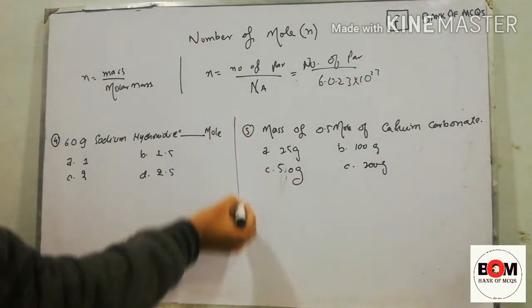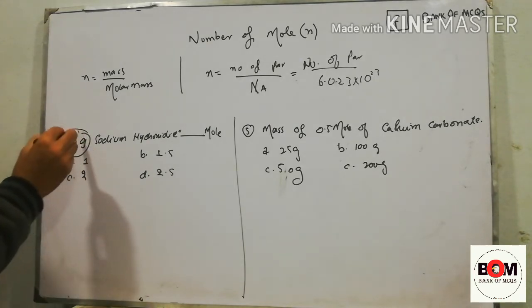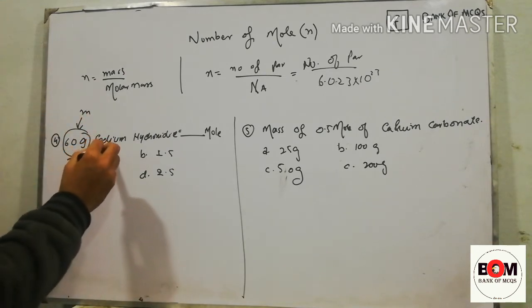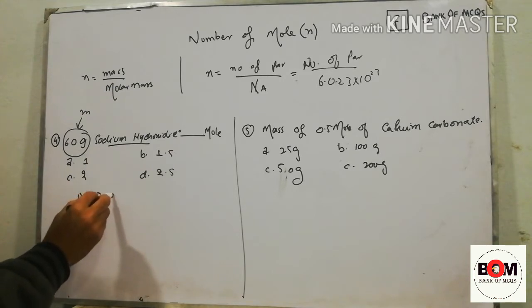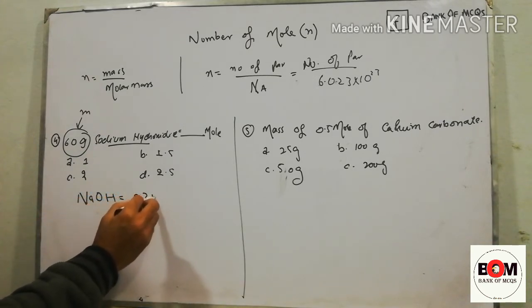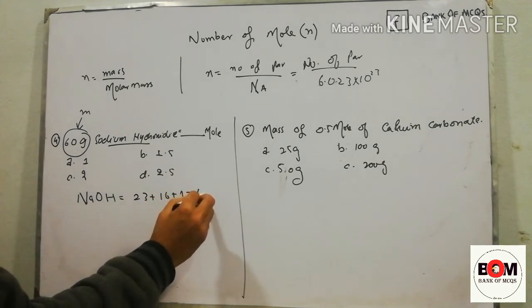Now to solve MCQs on these. MCQ number 4: 60 gram sodium hydroxide is equal to how many moles? Given is 60 gram, that becomes the mass. Sodium hydroxide is NaOH, its molecular mass is Na equal to 23, oxygen is 16, hydrogen is 1, so that becomes 40.